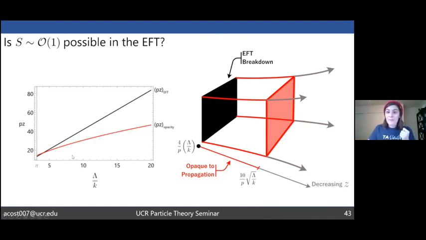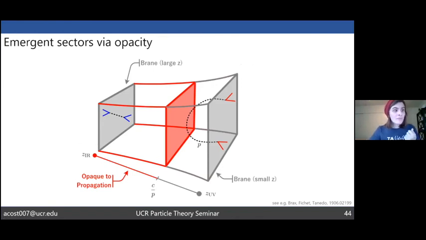So we can play with this a little bit. Imagine that instead of having infinitely large AdS, we truncate it by branes, and we say that particles or fields can be localized onto these branes. Say there's some red particle here, some blue here. Maybe this could be the standard model, maybe this could be a part of the dark sector.